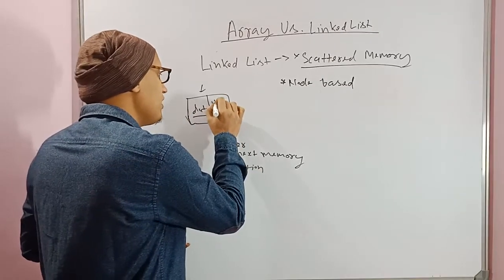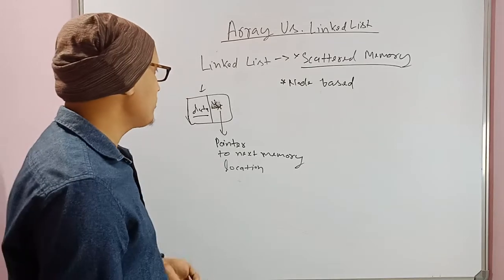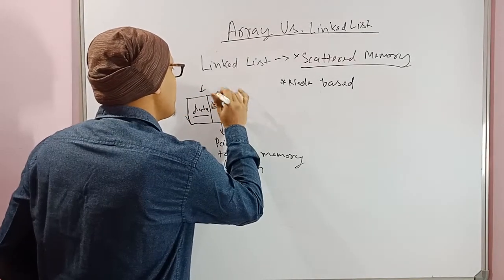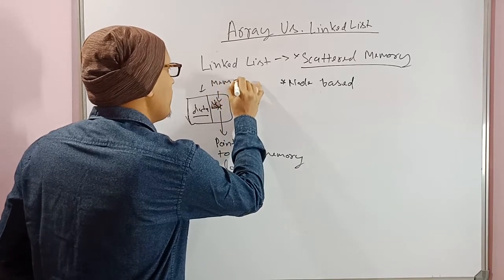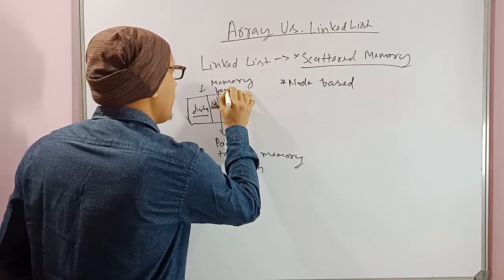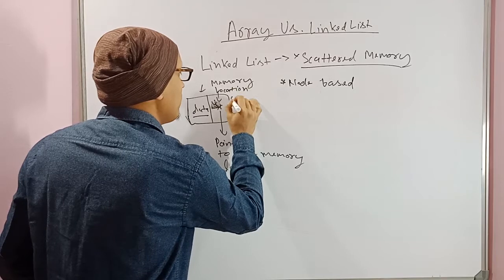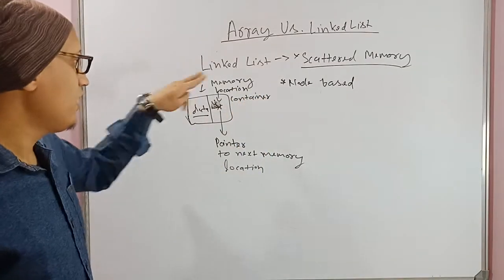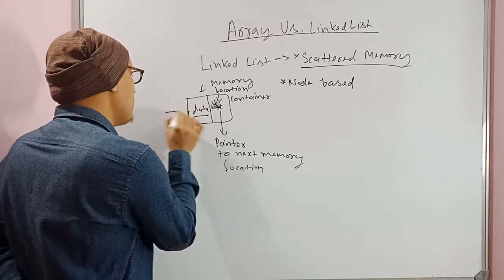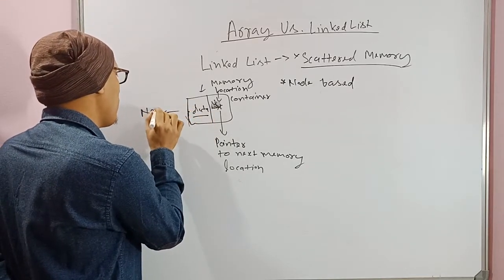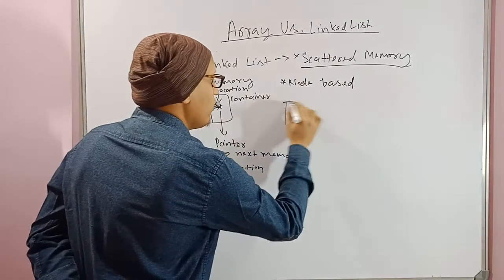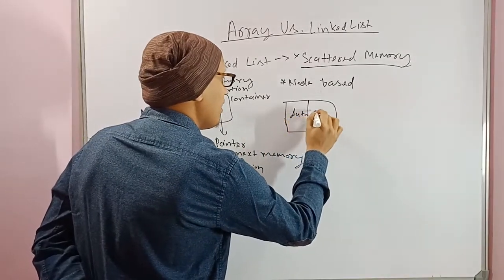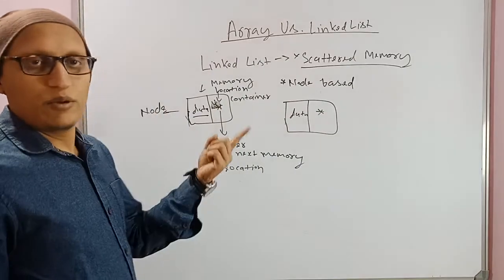And then there will be a pointer. Pointer means to say a memory location container. That means, so this is one node, so there can be one more node where again there will be data and pointer to the next memory location.